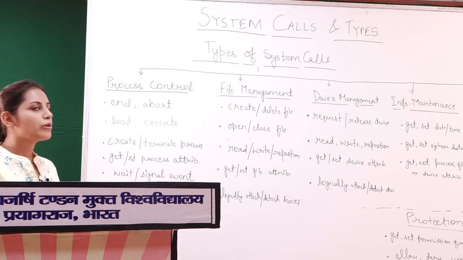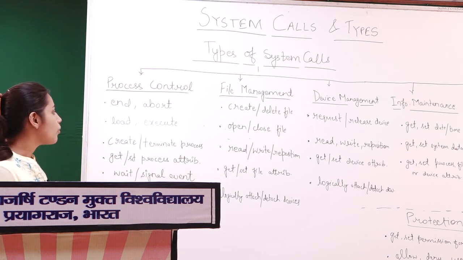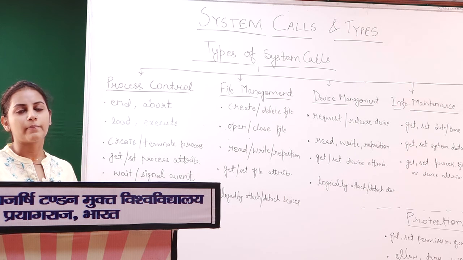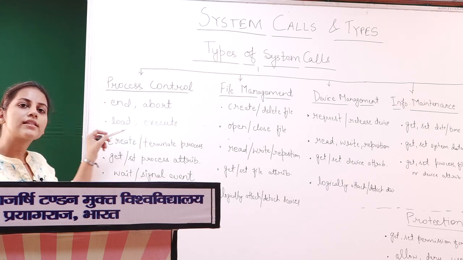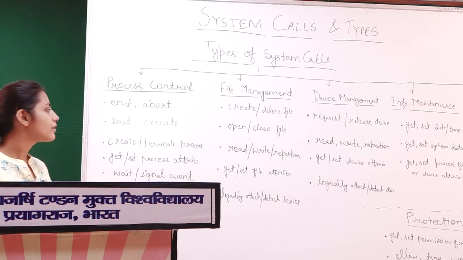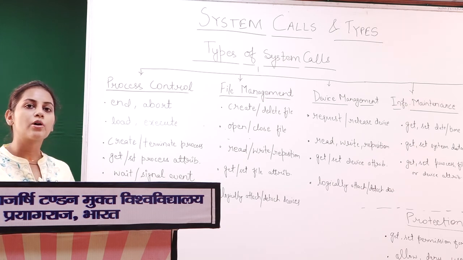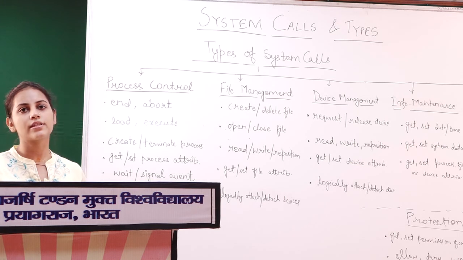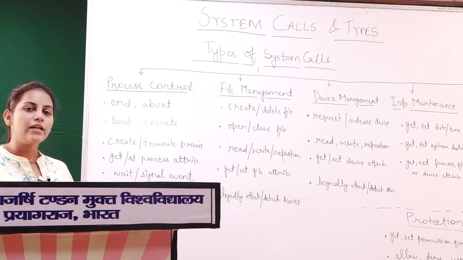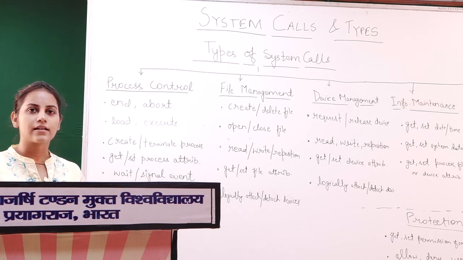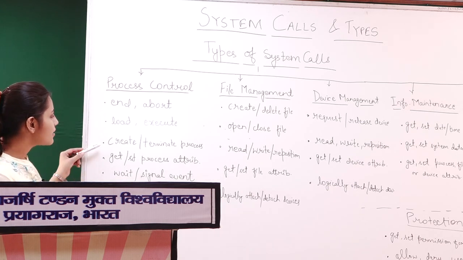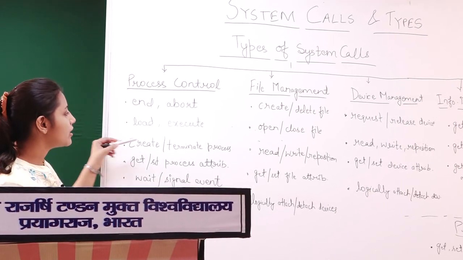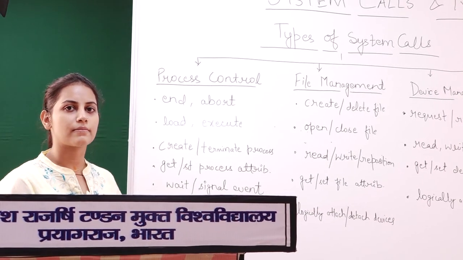Similarly, a program while running might need to load or execute some other program. System calls are provided for doing this task as well. In other cases, a running process might create a child process. This child process then runs and completes its execution. For this, there are system calls related to creation and termination of a child process.